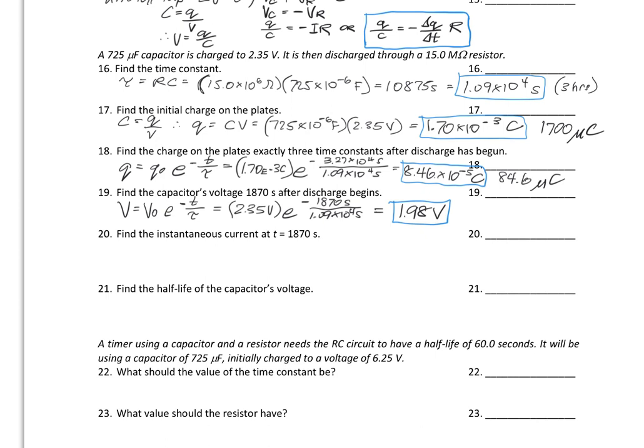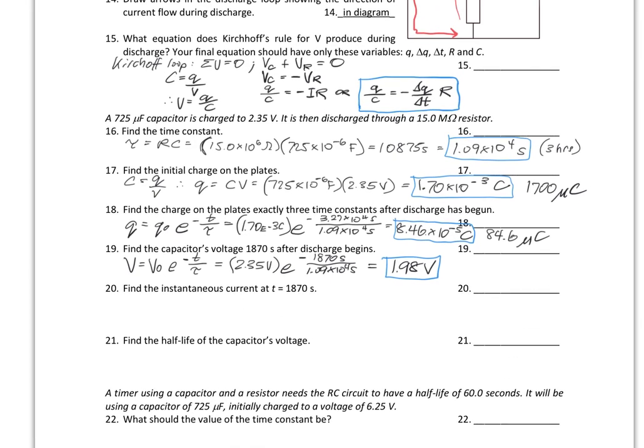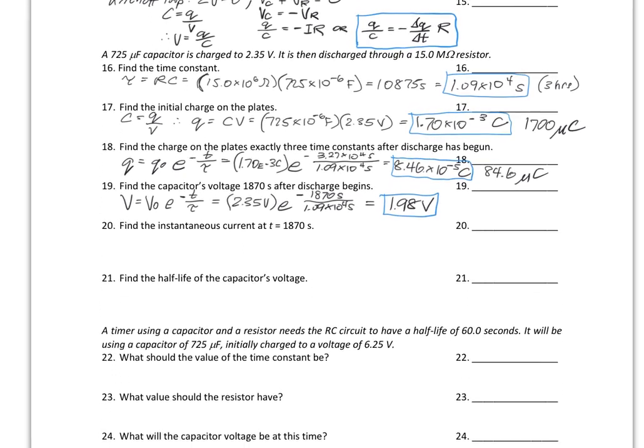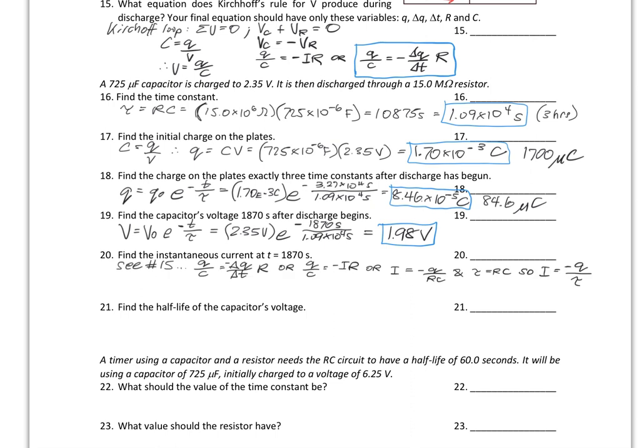Okay, so for number 20, to find the instantaneous current at 1870 seconds, we actually have to reach back to number 15. We had that Q over C is negative delta Q over delta T times R. And so if we rewrite that for current, we get current is negative Q over RC. We know that RC is equal to tau, the time constant, so the current at an instant in time is negative the charge over the time constant.